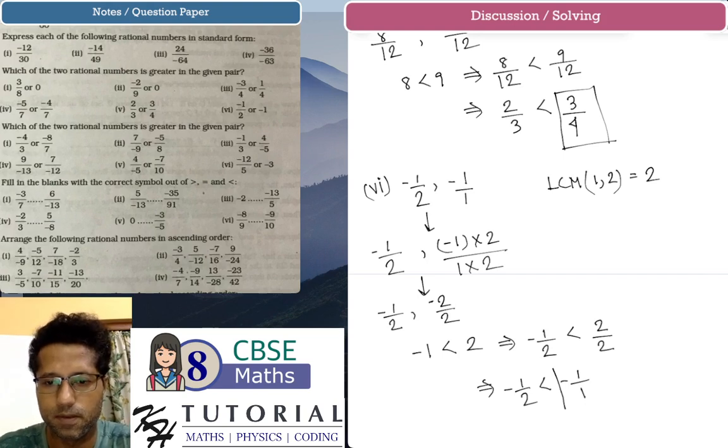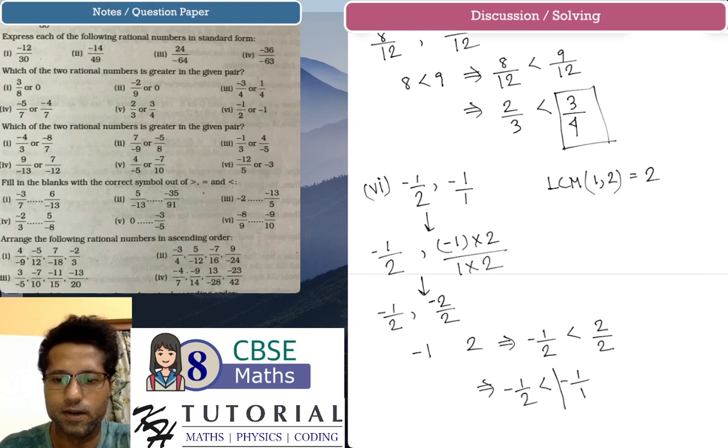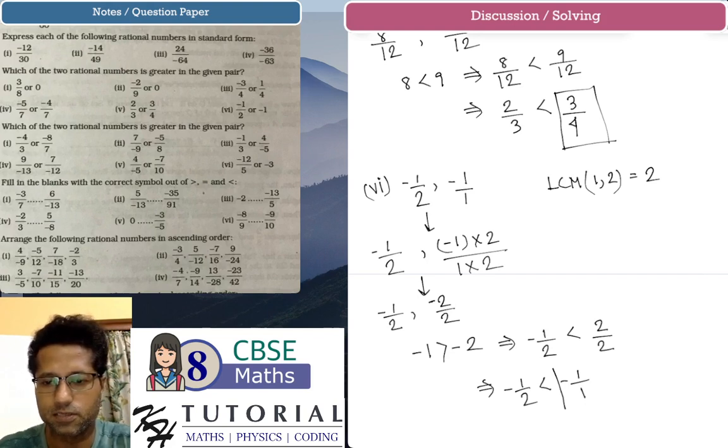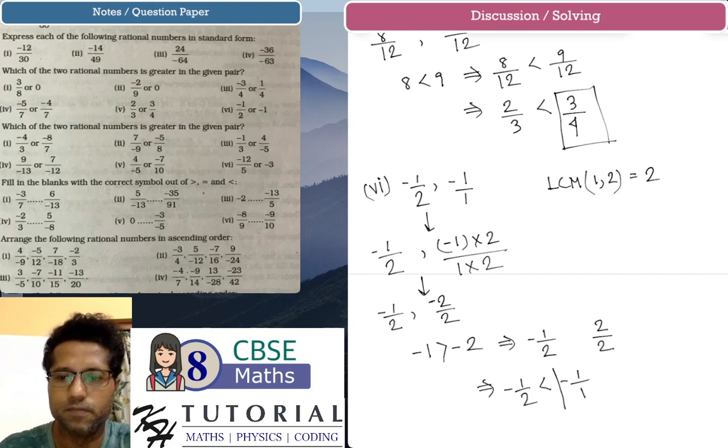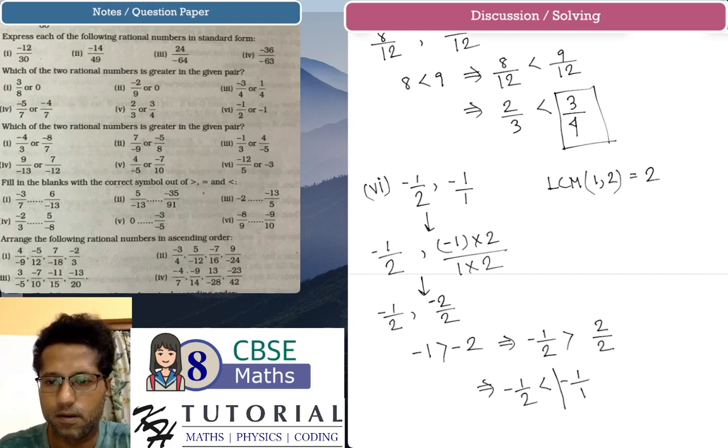So this will be minus 2 and we can clearly see that minus 1 is greater than minus 2. So this implies minus half will be greater than minus 2 by 2.